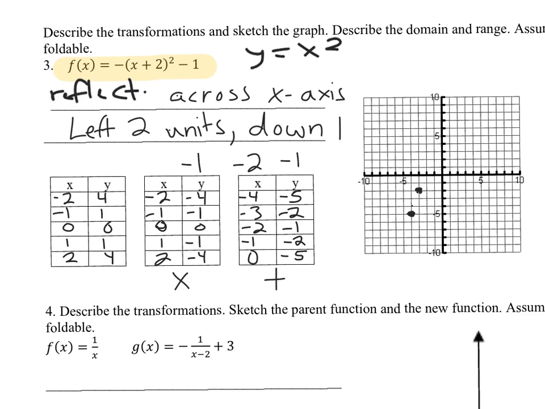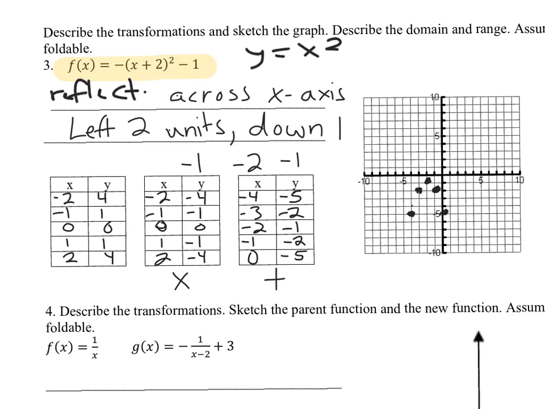And then I have a negative 2, comma, negative 1. So negative 2, down 1, about right here. And then I've got a negative 1, negative 2, about right here. And then I've got a 0, negative 5.